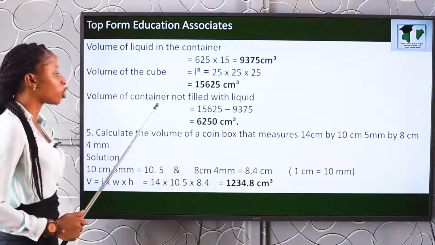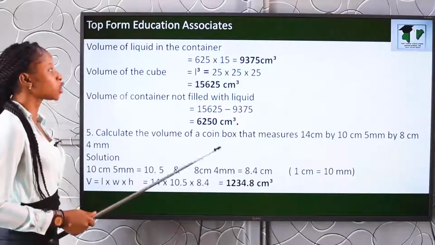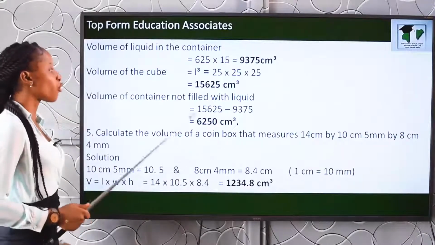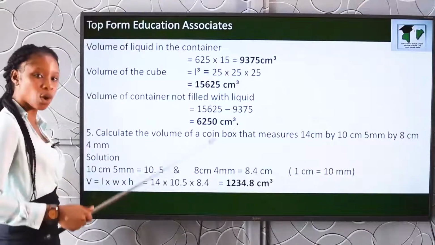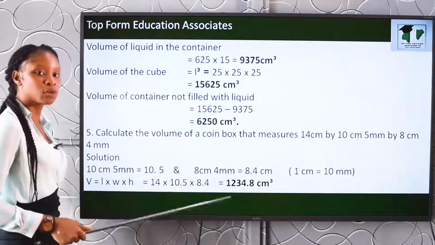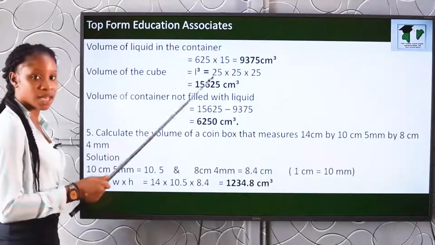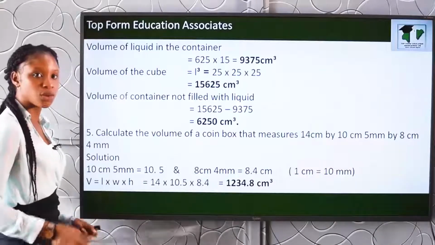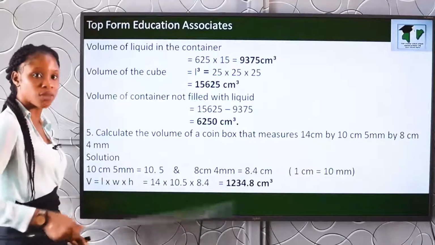Now, let us look for the volume of the container that is not filled with the liquid. To do that, we simply subtract. Since we have the volume of the cube, and we have the volume of the liquid in the container, all we have to do is to subtract. We used the depth of the liquid in the container to look for the volume, and we've also gotten the volume of the cube, that's the volume of the container.